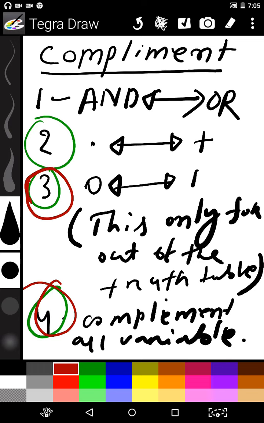But in the complement case, we do the conversion only for the output of the truth table or output expression of a function. And in the fourth step, in the dual expression we don't change any variable, but here we complement each and every variable.